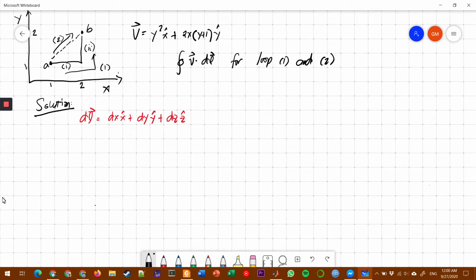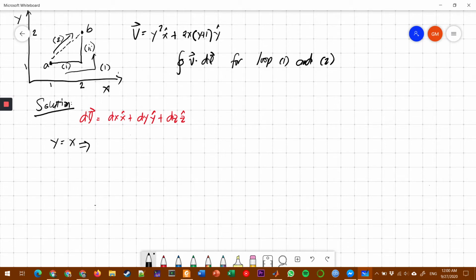So for path 2, we can now consider that kani siya diagonal naman ni siya, right? So the line here, this is actually a simple line, linear, and that curve is given by this equation, or function y equals x. So y equals x na siya.